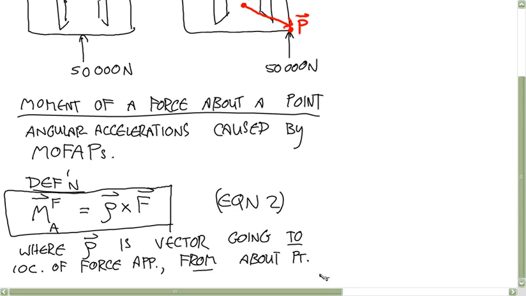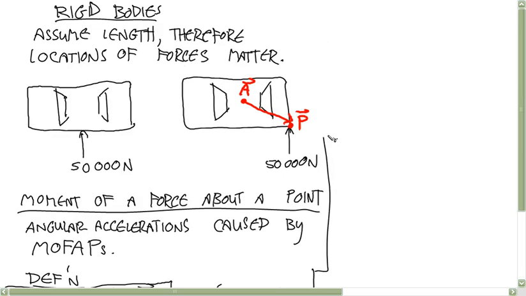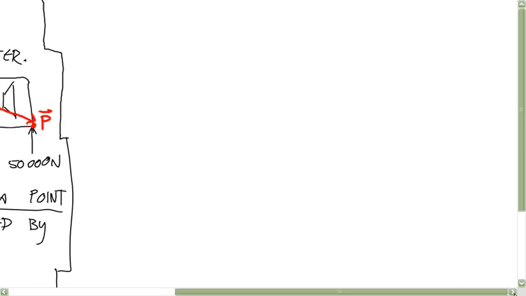I'm going to always write this in terms of a table that just makes it really easy, the bookkeeping. So think of these moments of a force about a point as being represented by this table. And you just fill out the columns of this table. So the first column is the point where the force is applied, the point of force application.